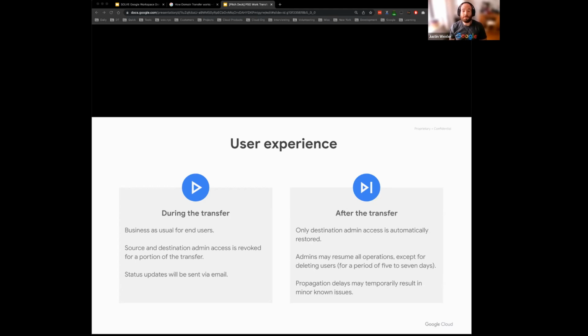The easiest and most visible example is Google Chat: when users move over, for about 24 hours, each company will see each other listed as external. There's a background process that runs to refresh that label, and after that, it will go away. That's just an example of some of the cosmetic issues.